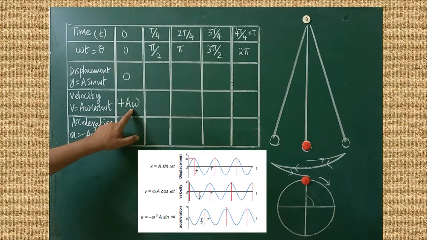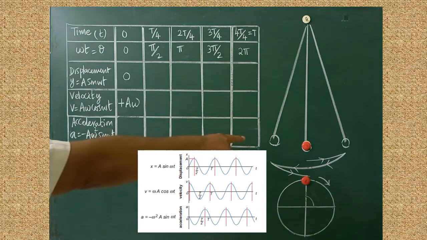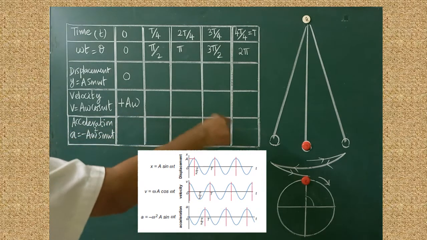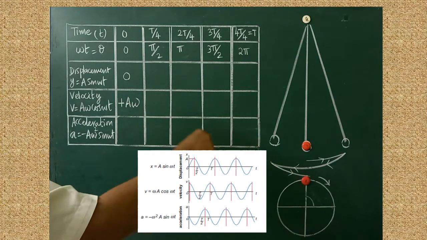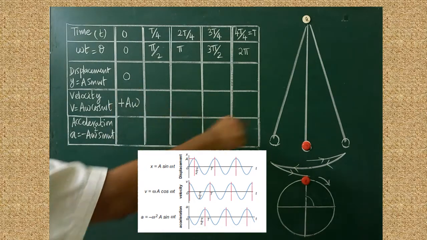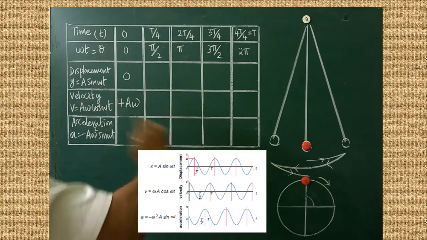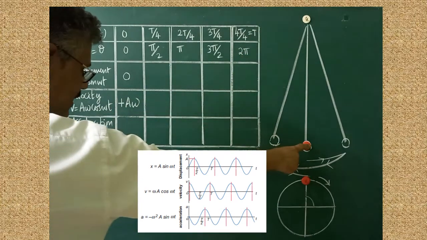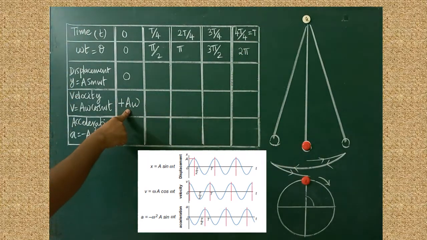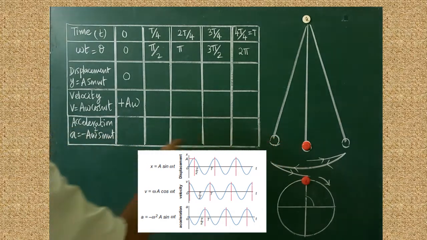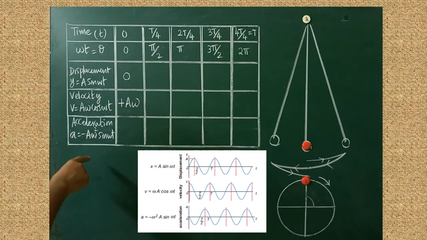This is called the velocity amplitude. This is the maximum velocity of the simple harmonic motion particle when it crosses the mean position. Whenever the particle crosses the mean position from the negative direction to the positive direction, that particle will possess this maximum velocity. This is called the velocity amplitude.